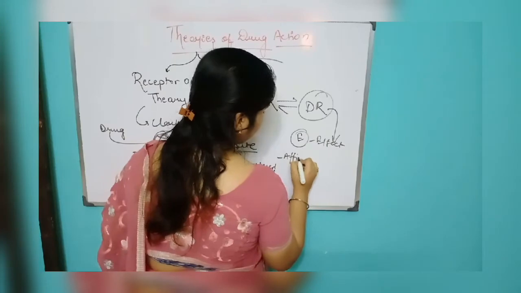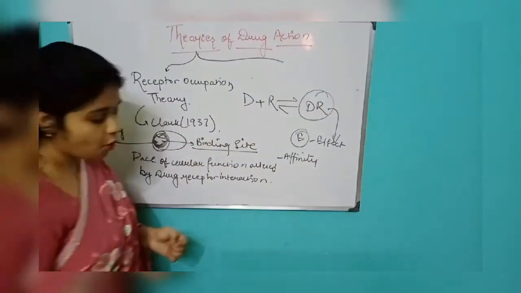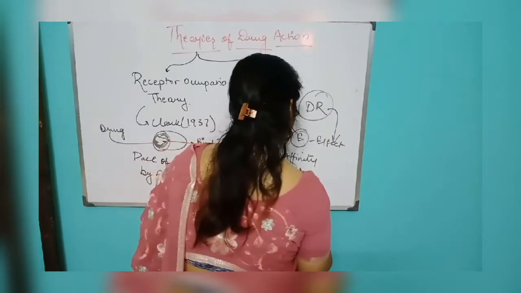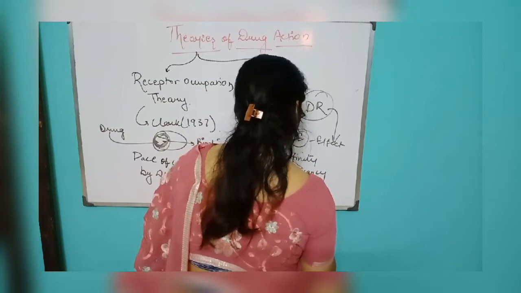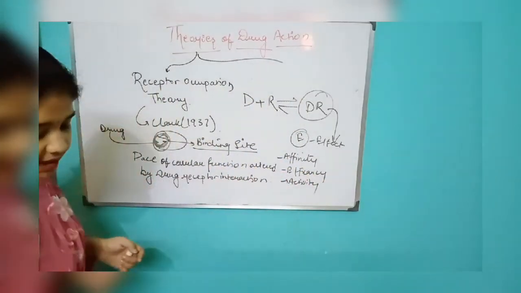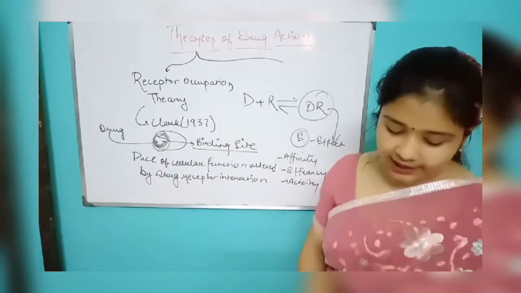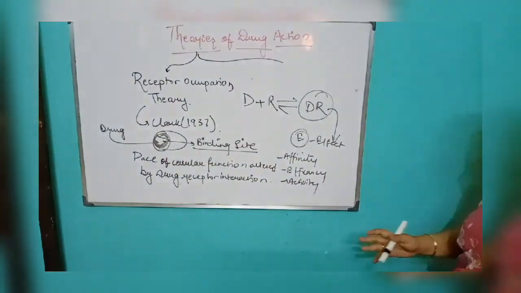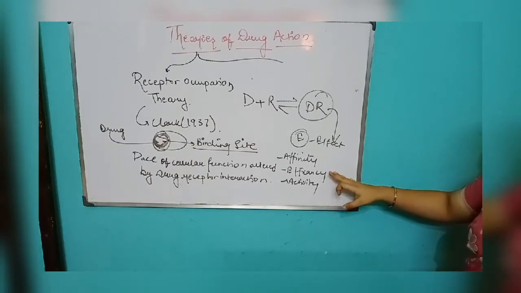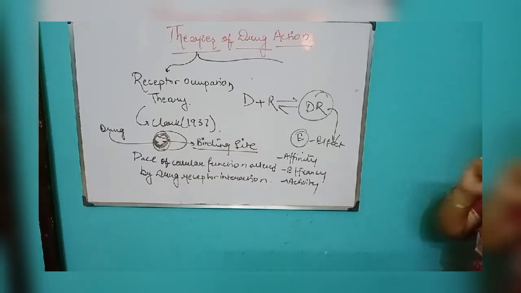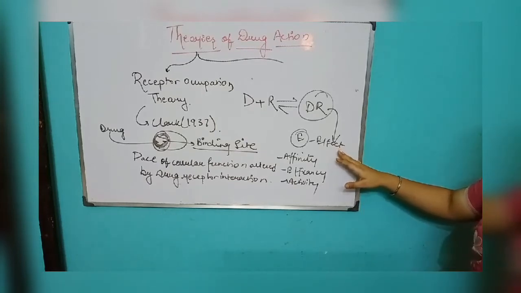It has more affinity. If more affinity, then more efficacy, more activity. So this is the receptor occupation theory. Now, what are intrinsic activity and efficacy? This is the ability of the drug to induce the functional change in the receptor. What is affinity? Affinity is the ability of the drug to bind to the receptor.